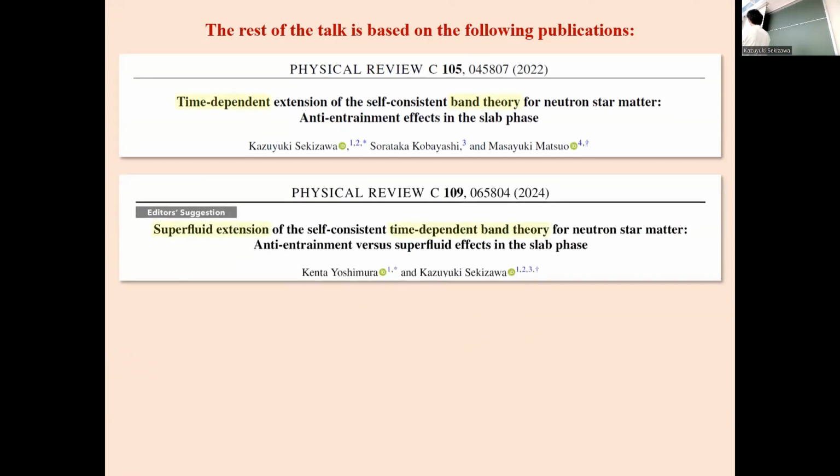So now recently, we are developing some kind of time-dependent band theory based on time-dependent density functional theory to describe the band structure of the inner crust. So when I was at Niigata University with a master's course student, we published this article. So this was a time-dependent band theory for the slab phase of the inner crust.